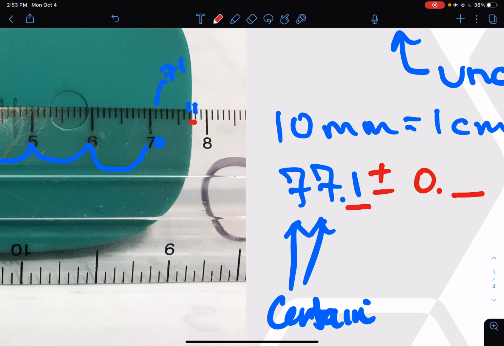And if you can, you would go ahead and put 0.1, but most of us can't. So we would just put 0.5. So we have 77.1 plus or minus 0.5.